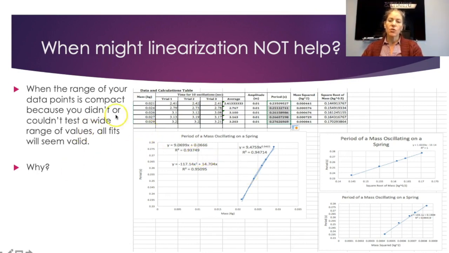Sometimes you can't help it, but sometimes it's because you picked poor data to test. That's why I'm always encouraging you: the smallest value possible, the biggest value possible, and then 3 in between. So make good choices in your experimental design, and linearization will help you to really nail down that best fit trend line.